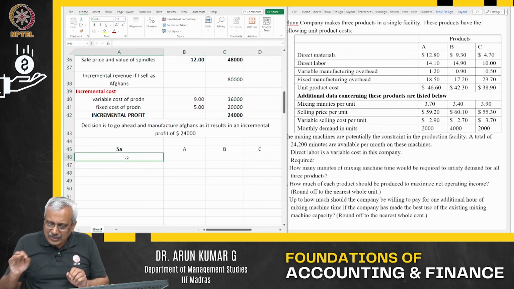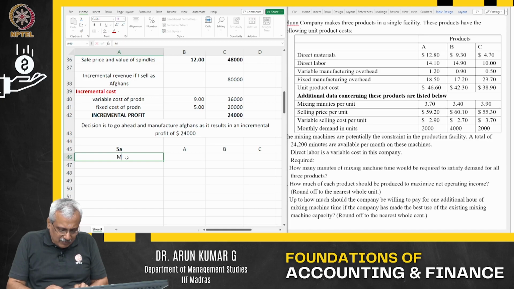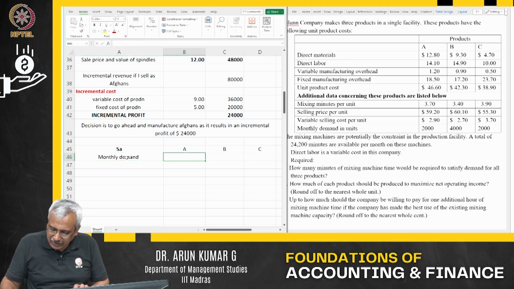Let us look at what is the cost, what is the demand. They will say monthly demand. First question, what is the number of mixing minutes required? Monthly demand for the first is 2000 units, for this one about 4000 units, and for this one about 2000 units.